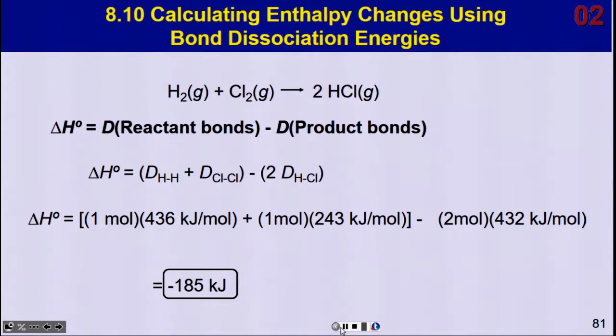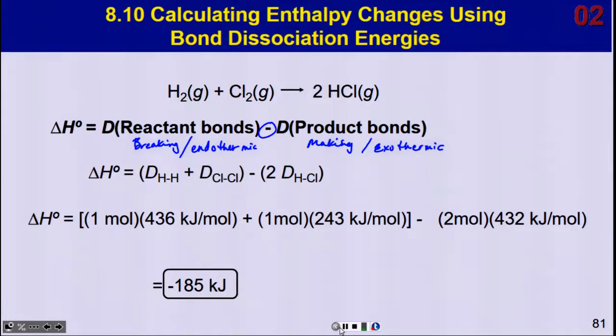Because we break the bonds in the reactants, which is endothermic. We release energy in forming the product, making bonds, so those values with the opposite sign of what's in the chart are exothermic processes, and that's why we use them in their negative sense. Breaking bonds is endothermic, and we add those together.